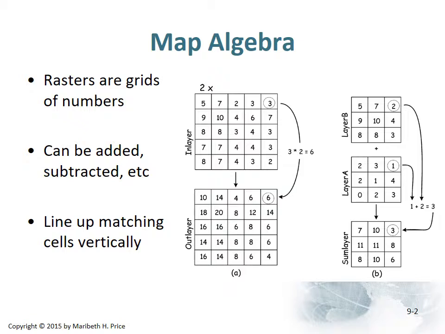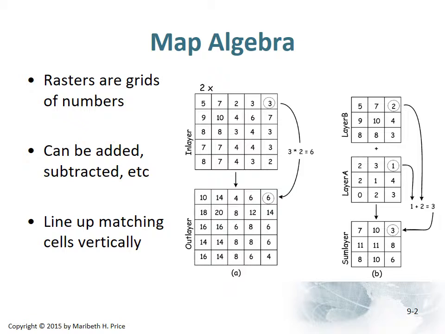But the mathematical operation takes each coincident cell between the two, and this is where that idea of a stack kind of comes in. If they stack, you can put a line down through them all, and in this case, every 2 cells that are coincident between the 2 layers are added together. So that upper left-hand corner, 2 plus 1 equals 3.